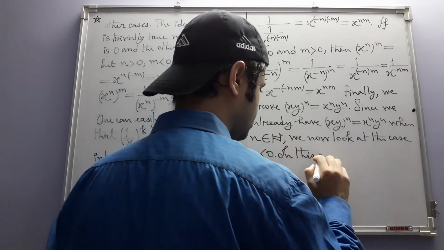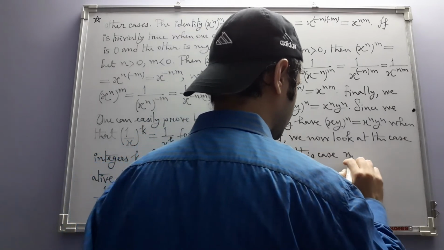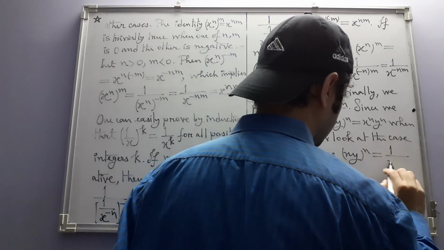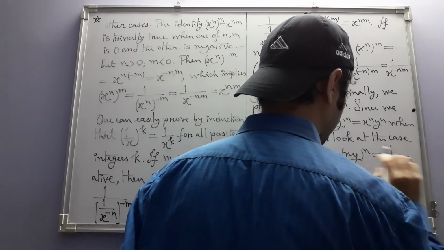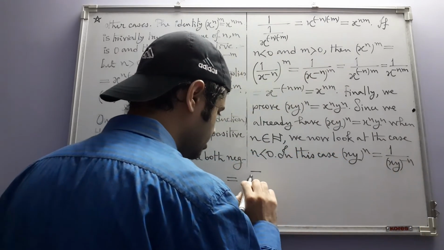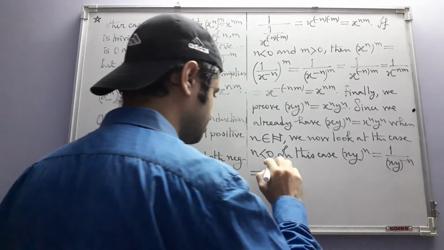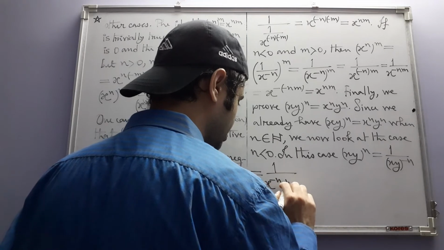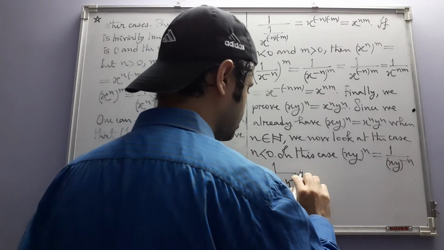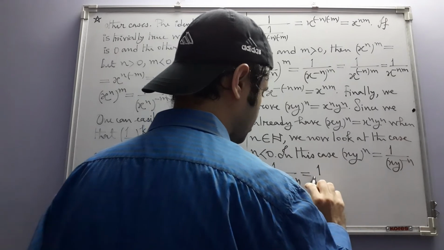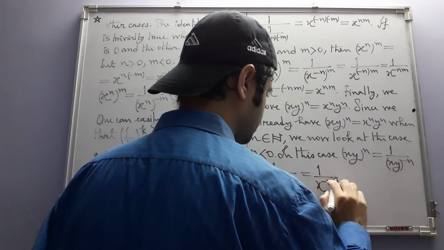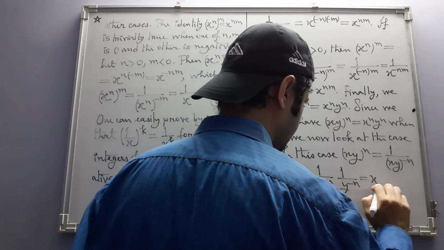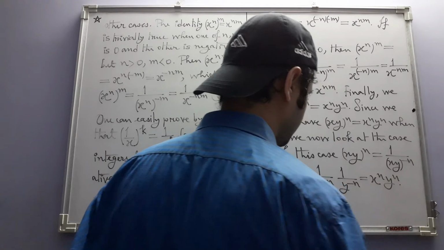In this case, xy to the power n by definition is this to the power minus n, and this is equal to, from what we proved previously, x to the power minus n, y to the power minus n, which can be written like this, and this again by definition is x to the power n, y to the power n.